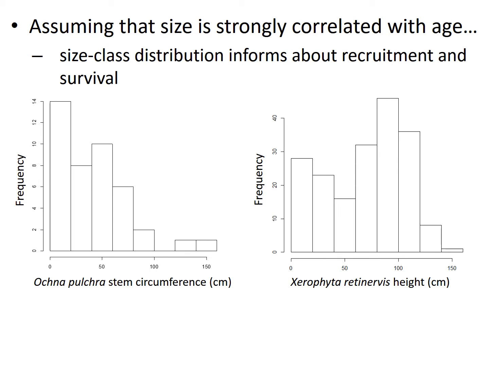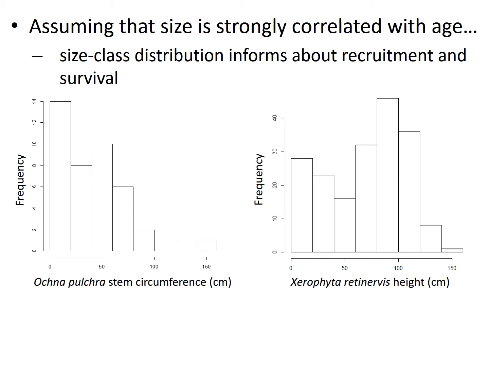And what this suggests is that there's what we would call continuous recruitment. Every year new seedlings establish, and every year some of those grow into the next size class, but the majority die, or a large proportion die. And that continues year after year after year, and we end up with only a few large individuals surviving.